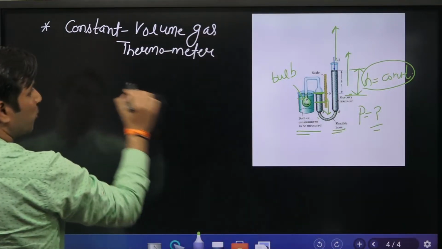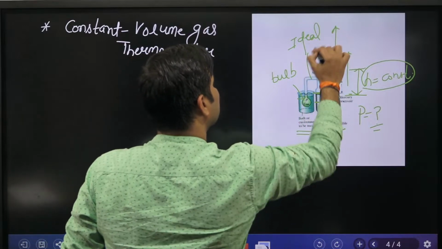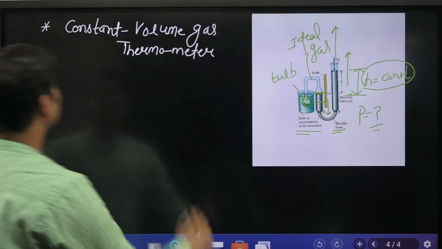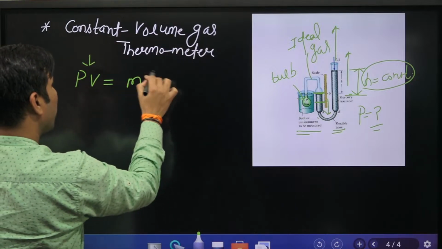Suppose you consider here an ideal gas as the working medium. For an ideal gas you can apply the ideal gas equation, PV equal to mRT.